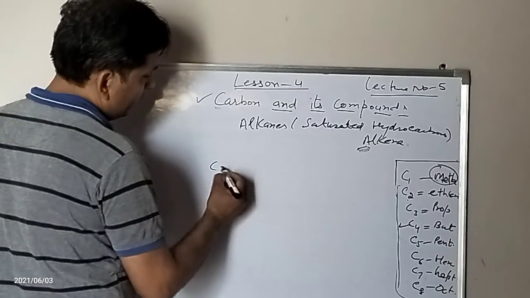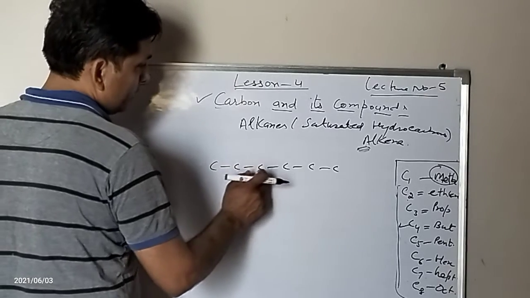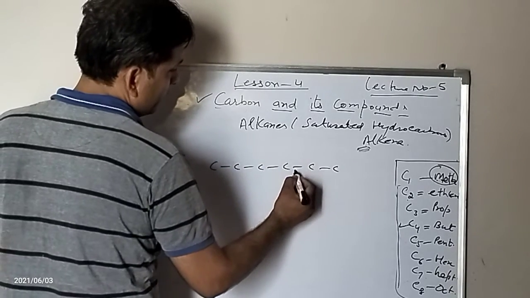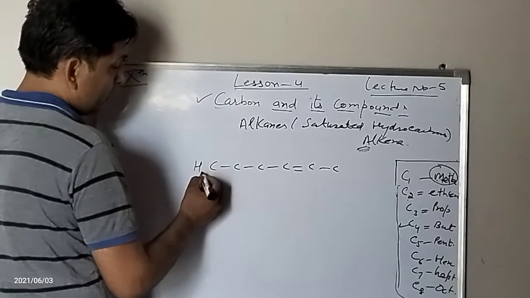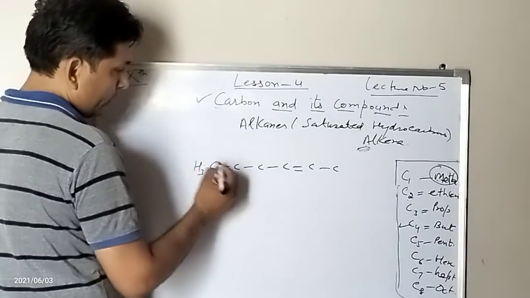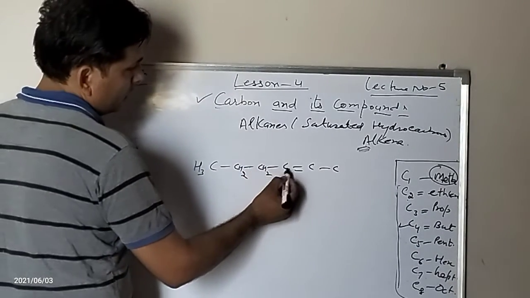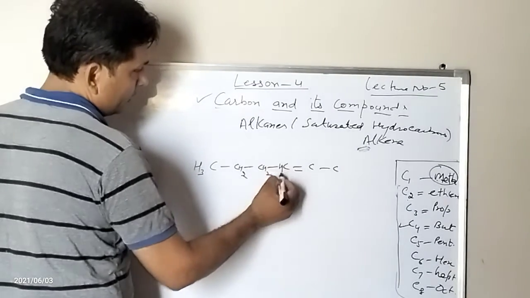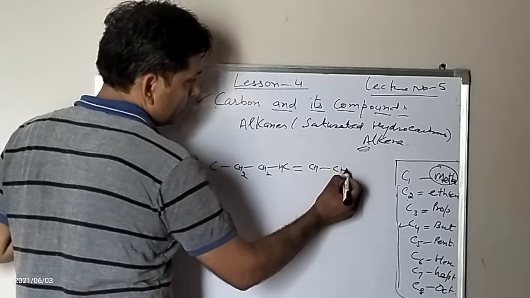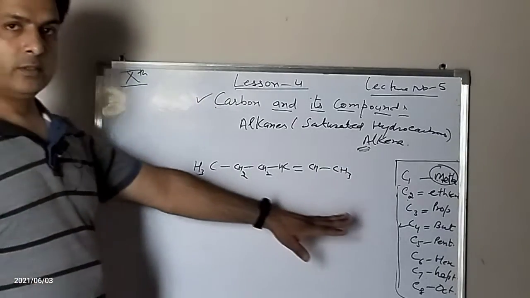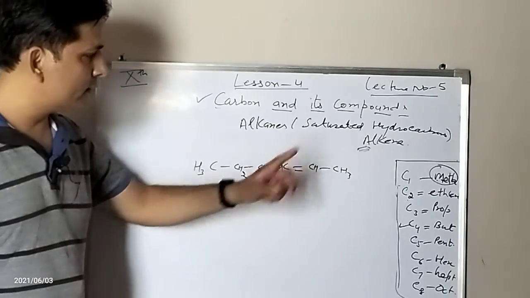If I write a formula for you, you are to name it. 1, 2, 3, 4, 5, 6. Here the double bond is there. Then complete the number of hydrogen atoms. What is the name of this? First of all, count the number of carbon atoms: 1, 2, 3, 4, 5, 6.